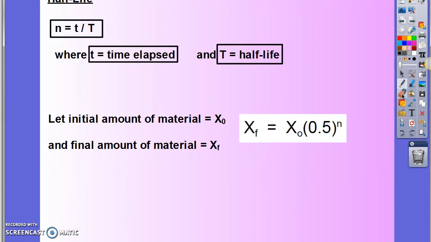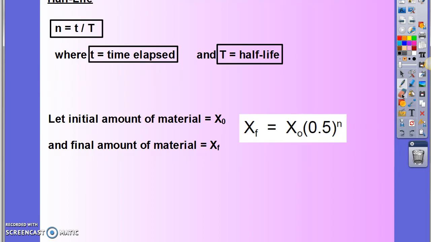My material has a half-life that is a constant amount for that material. So say I'm using plutonium and say it has a half-life of 49 years. Okay? So that means it takes 49 years for plutonium to decay by half. And so if I wanted to know how many half-lives went by, I could plug those into this n equals t over T. So let me write that out.